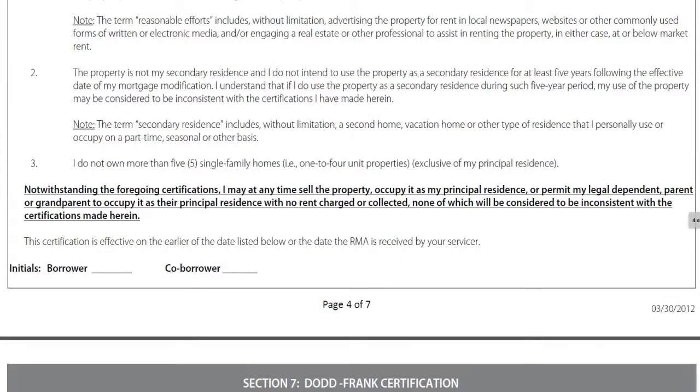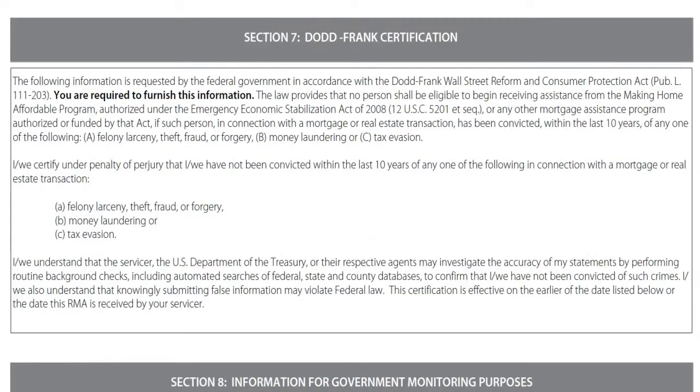Okay, moving on to page number 5. So page number 5 is basically what they call the Dodd-Frank certification. And the Dodd-Frank certification is important for you to read because it is saying that you have not been convicted of a felony, larceny, any money laundering, or tax evasion.